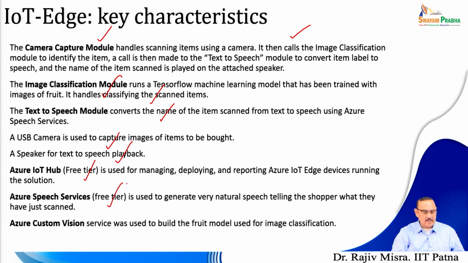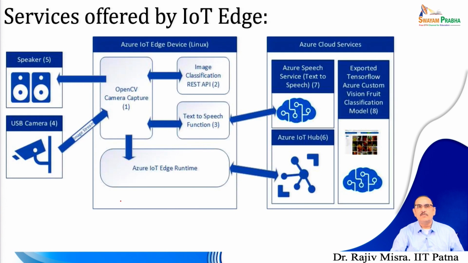It also has Azure speech services and Azure custom vision services, and using that it can build different projects such as a fruit model for image classification. So, this particular type of service which is offered by IoT Edge we have already explained.